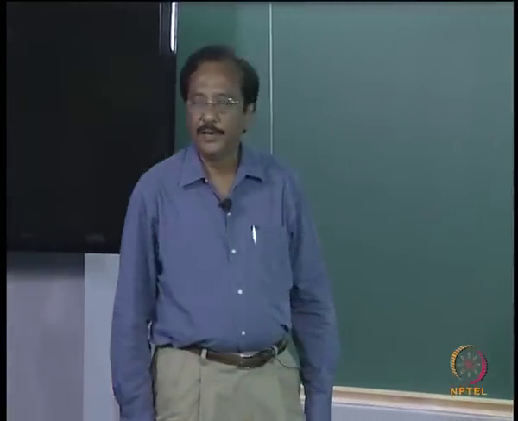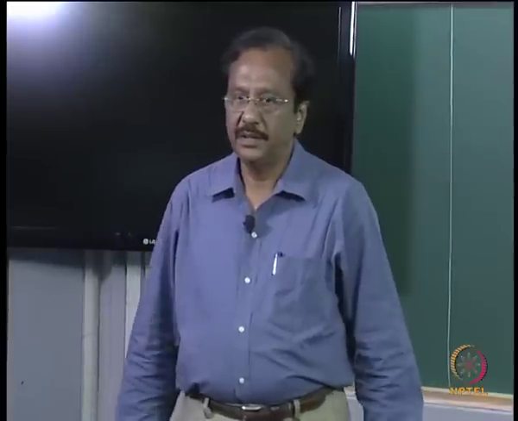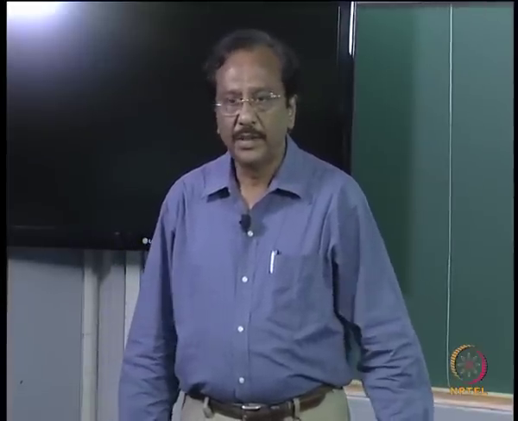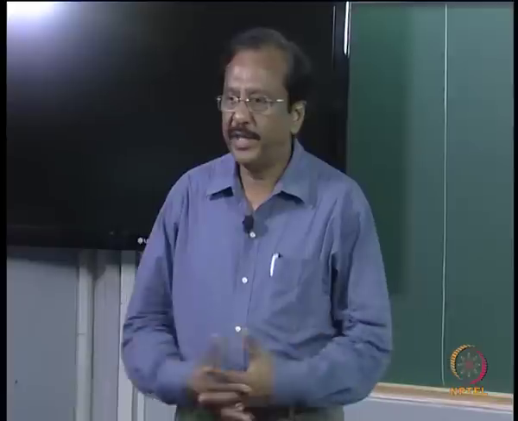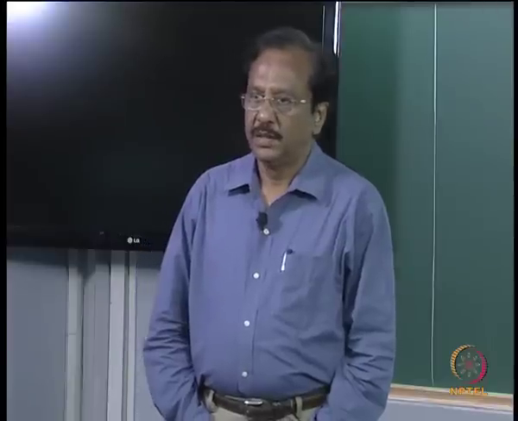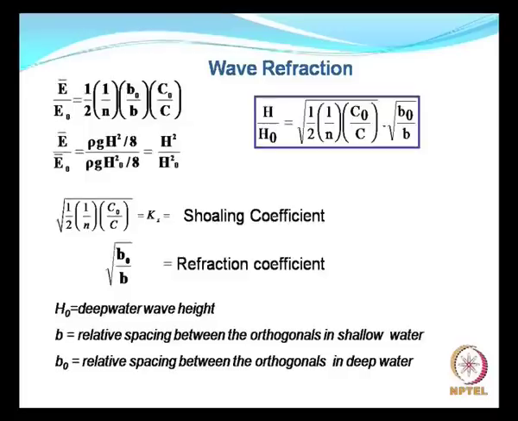Okay. Now, we know that according to energy conservation or power conservation, the power in deep water and the power in the shallow waters have to be equated. So, when we equate that, what happens?